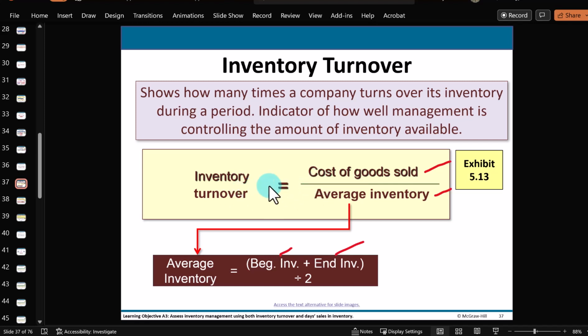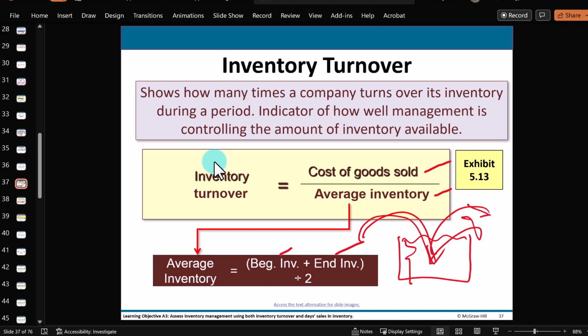So the way to visualize this turnover rate, let me do my barrel example. In this case, this barrel represents the store, and you're going to fill up the whole store with inventory all the way to the top here, and you're going to sell the whole thing, and you're going to fill it up again, and you're going to sell the whole thing.